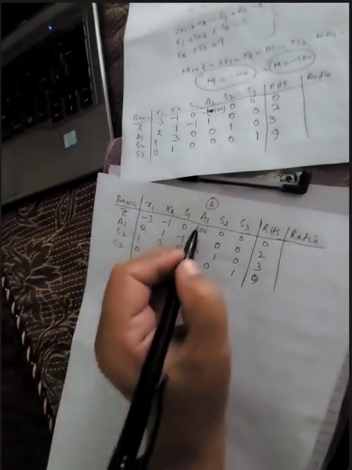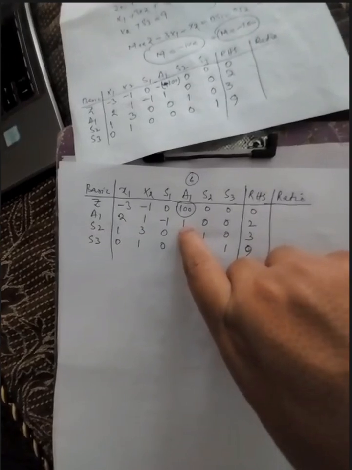So now we have to get rid of this 100. How will we get rid of this 100? We know that in the A1 row, the value beneath this is 1. So if we multiply A1 by 100 and then subtract it from the Z, we can get rid of this 100.